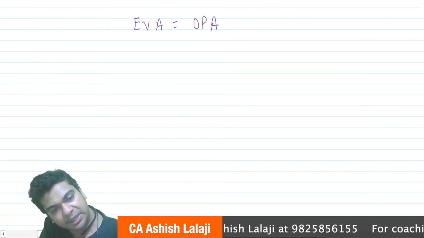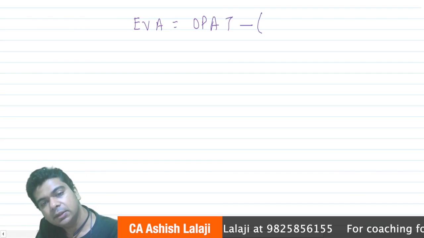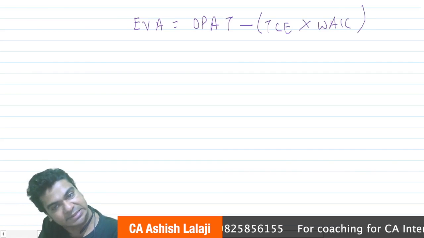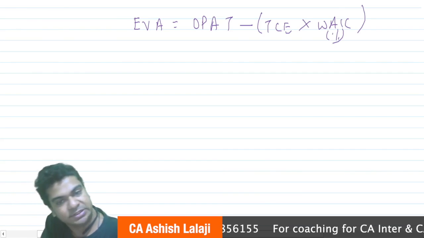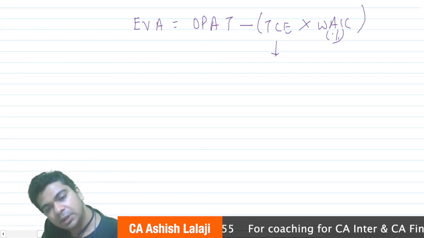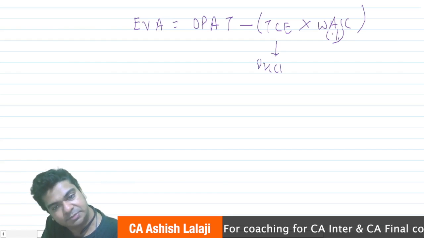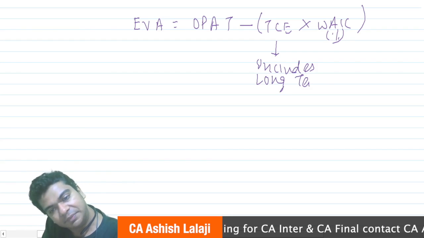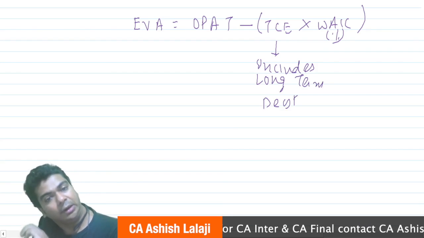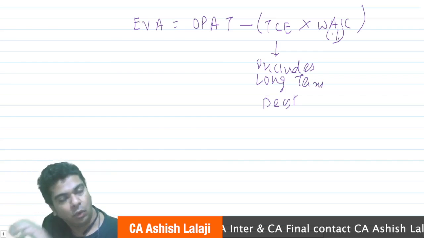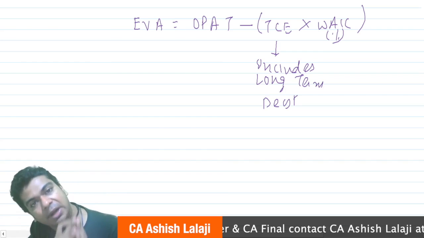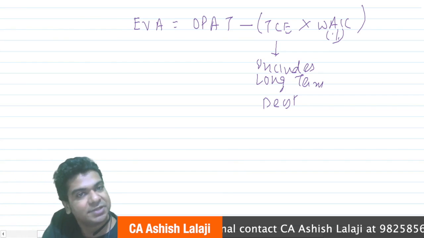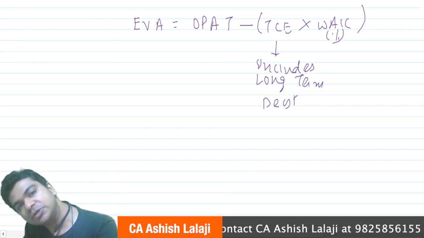You will take the OPAT, and then the total capital employed multiplied by the WACC, which will be in percentage. Total capital employed includes long-term debt. So you will calculate the total capital employed and multiply that by WACC. WACC is nothing but the weighted average cost of capital.